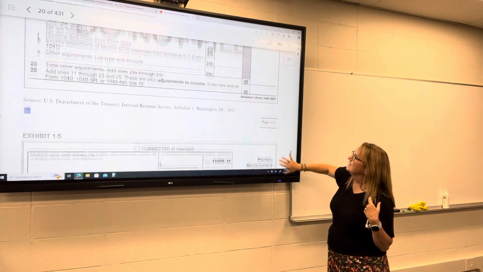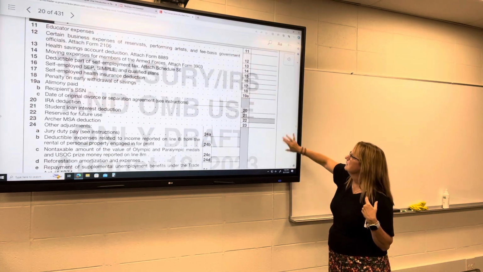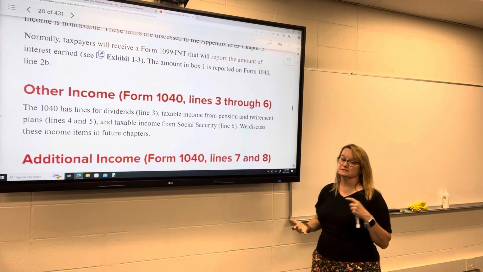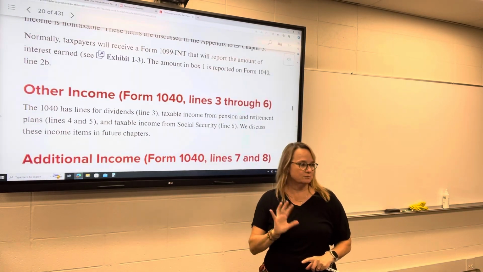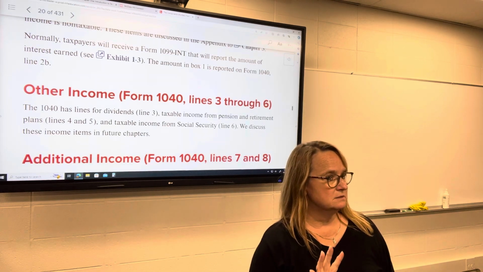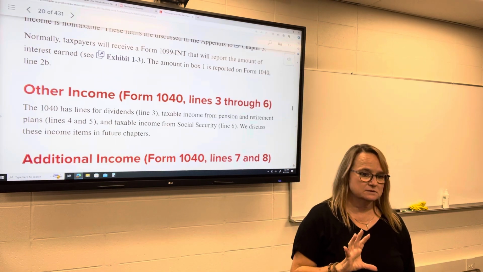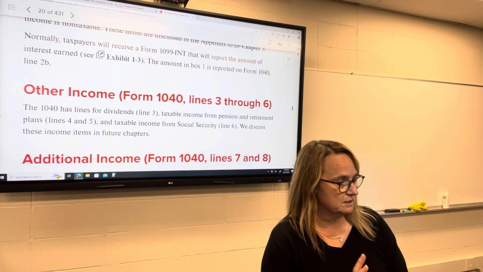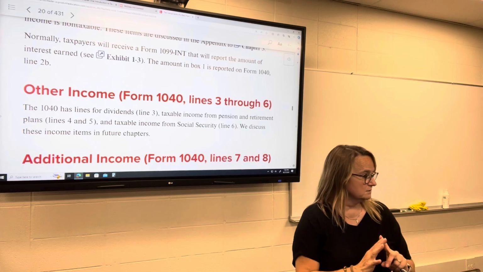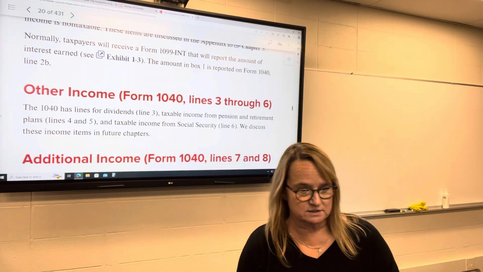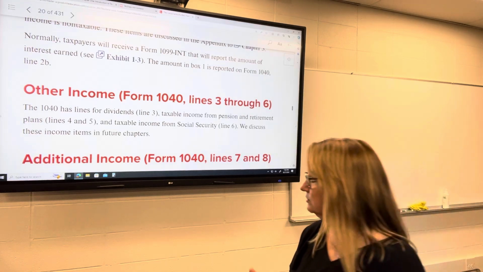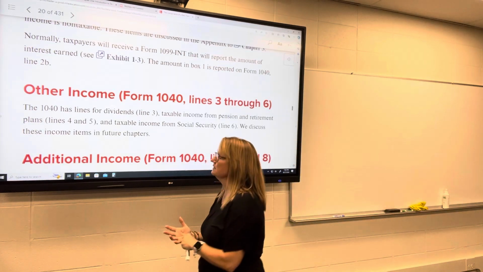All right, so that kind of gives you a rundown of the 1040, which, like I said, is a summary form. Got 2 pages to it. Front is income and deductions. The back is tax liability, payments that have been made and credits, and the calculation of what taxes due or any refund that the taxpayer is entitled to.